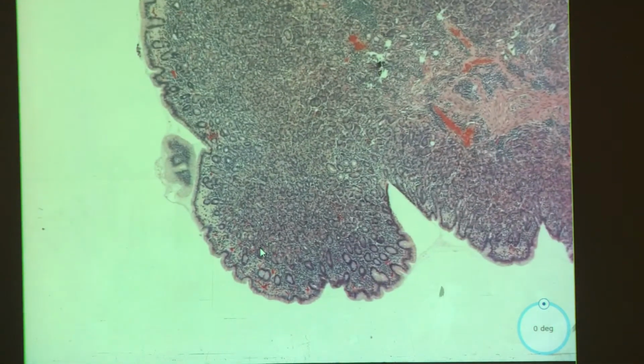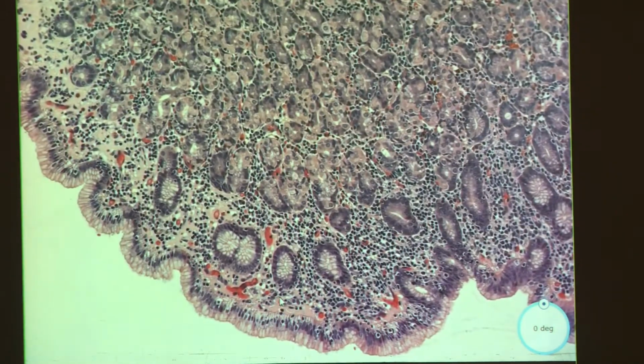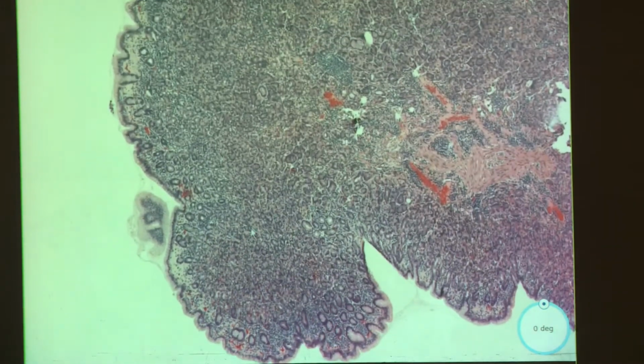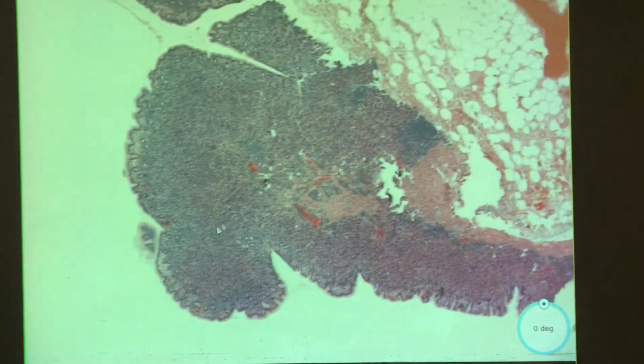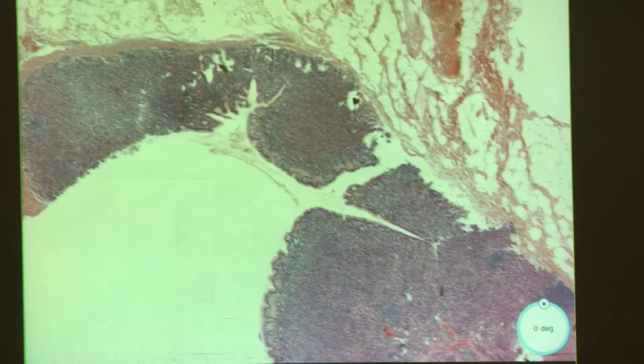Going on high power, you can see that it is columnar cells, so it looks like gastric epithelium, but it's so blue and really thickened, or it could be just a cut. I'm usually not used to it looking this thick before.